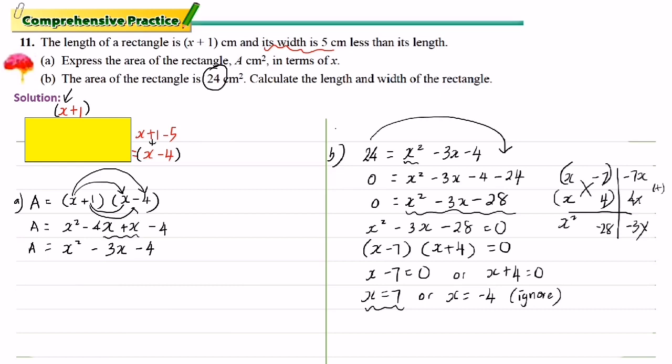The question asks to calculate the length and width of the rectangle. So length equals s plus 1. And now s is equal to 7, right? So 7 plus 1. So the length equals 8 centimeter.